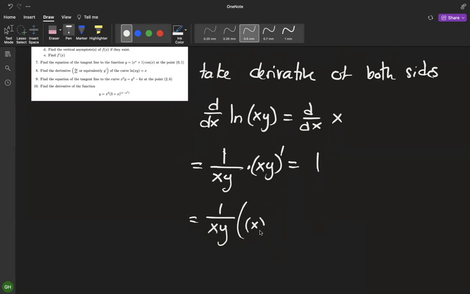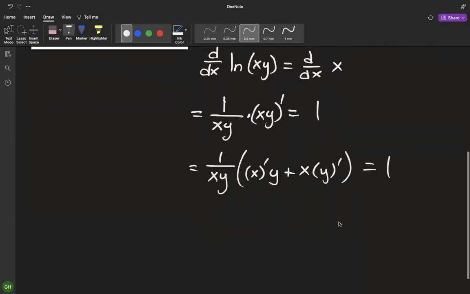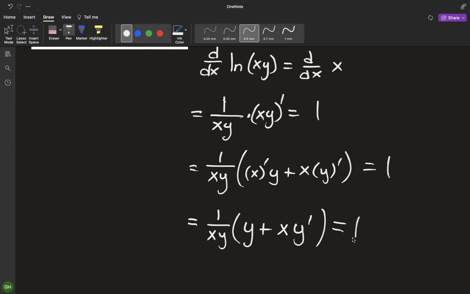So x prime y plus xy prime equals 1. So this is 1 over xy. X prime is just 1, so this is y plus x times y prime, because y prime is just y prime, equals 1.